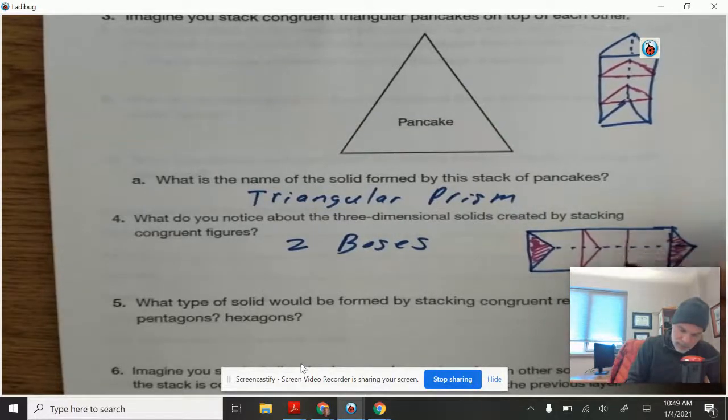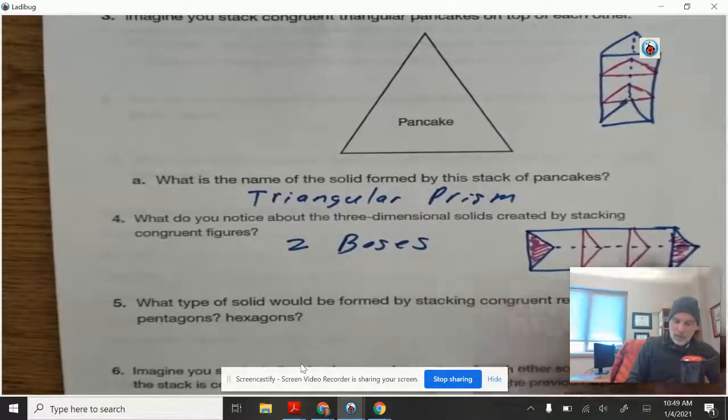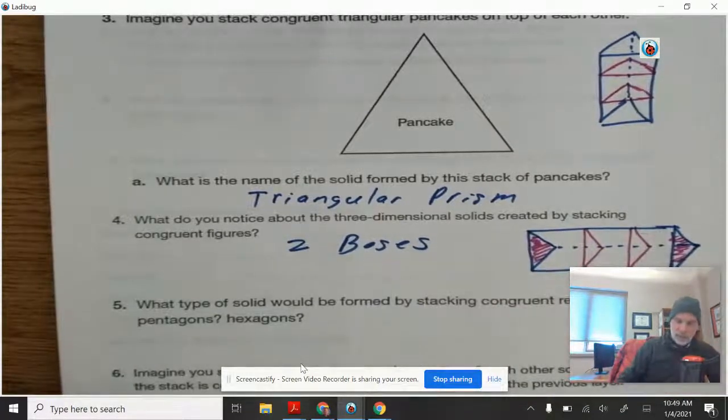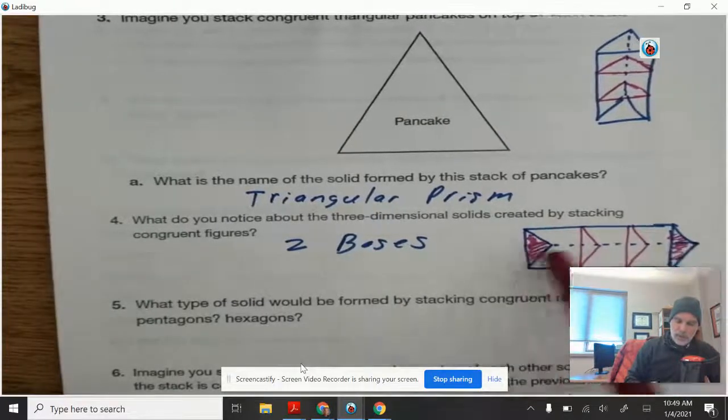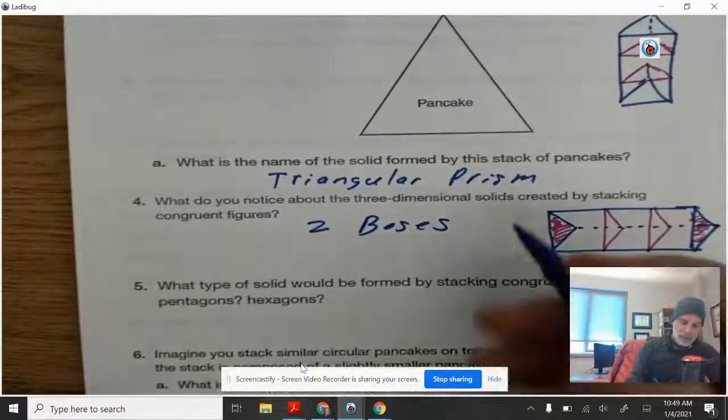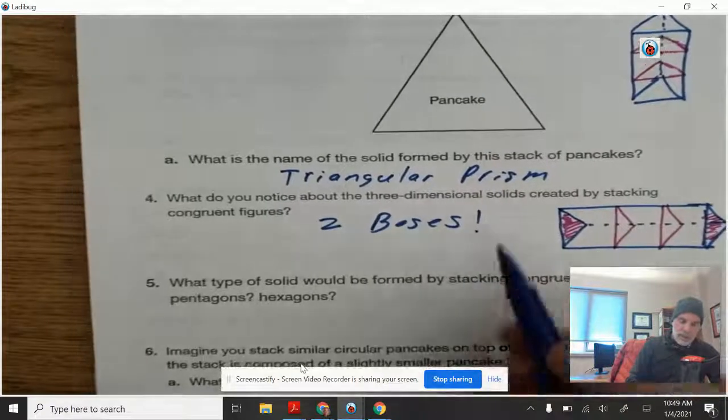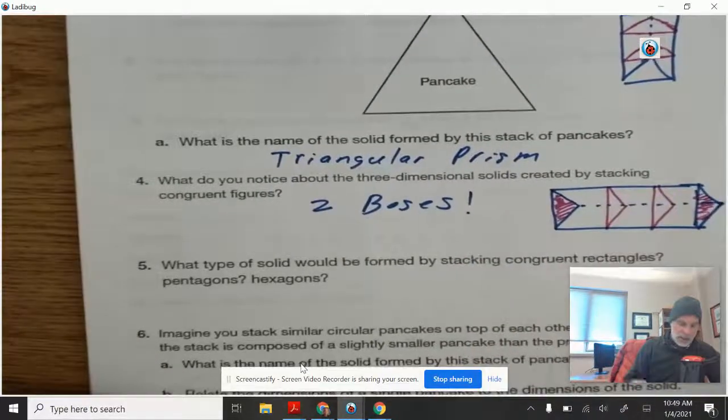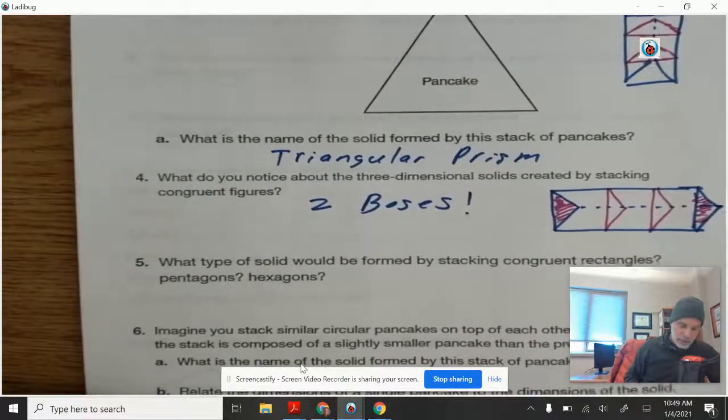So that's the stacking. So we really still call this a triangular prism. It's stacked horizontally, and these two end pieces are the two bases. All right. So this is a big deal that all of these prisms and cylinders have two bases.